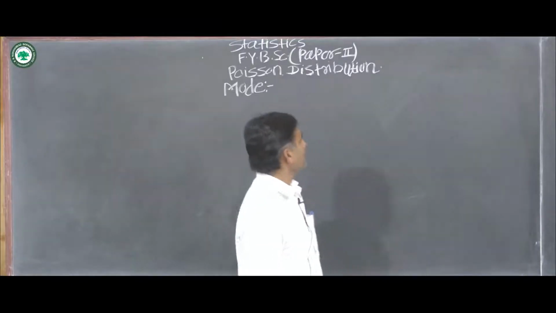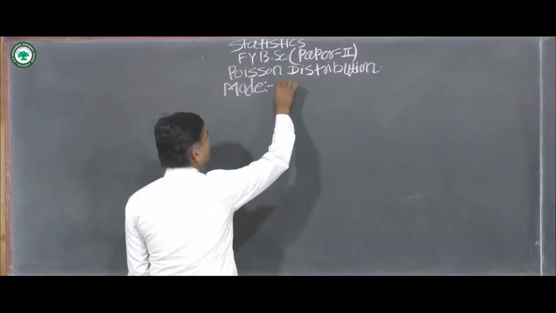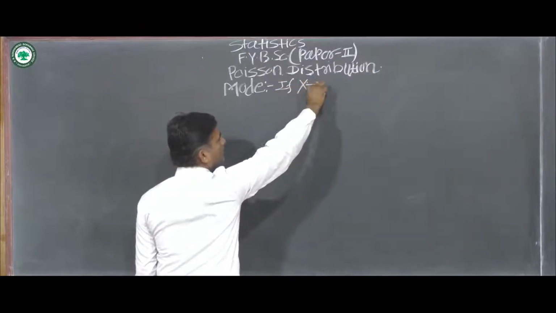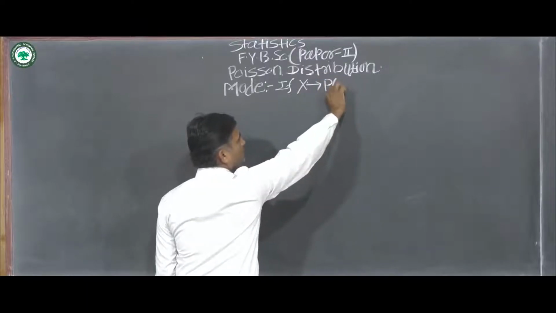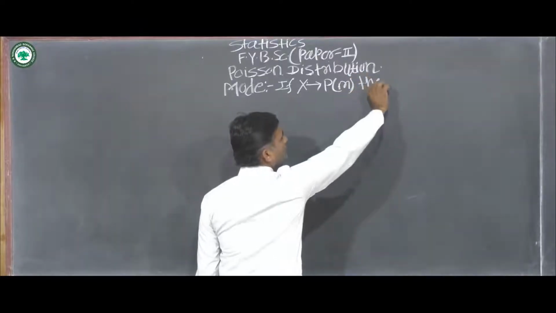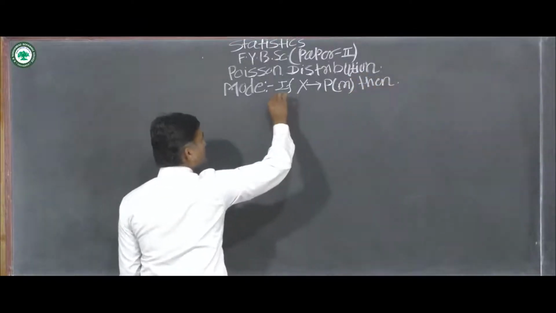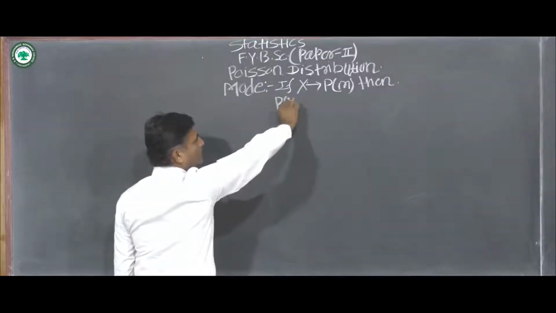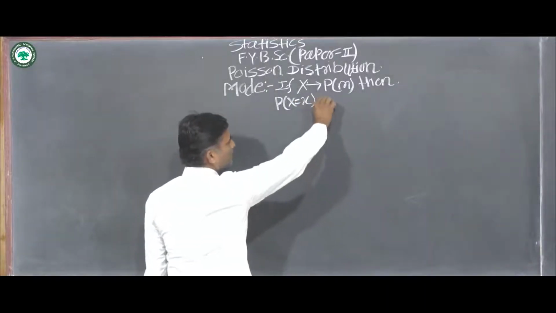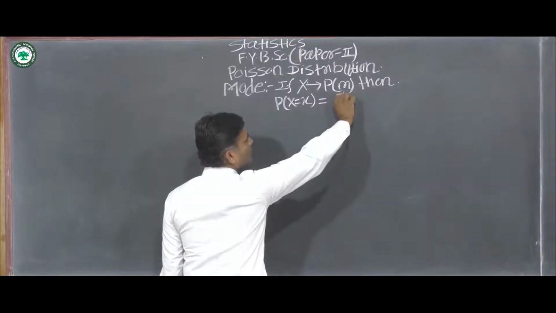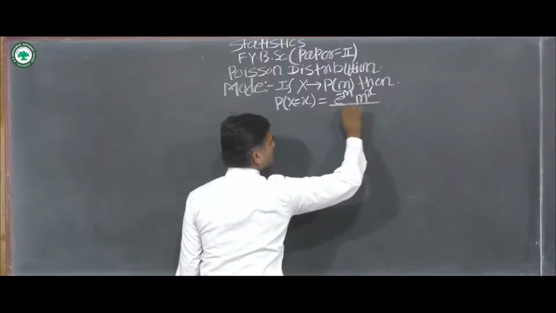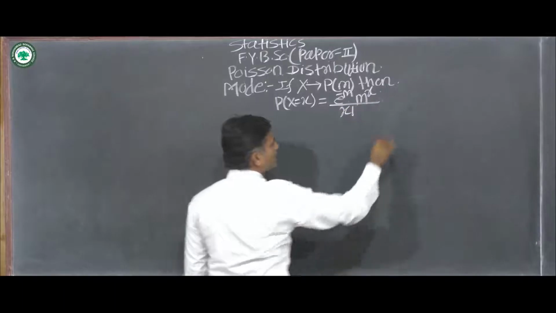Now, for Poisson distribution, if x follows Poisson distribution with parameter m, then its probability mass function is probability of X equal to small x, which is equal to e raised to minus m, m raised to x upon x factorial.